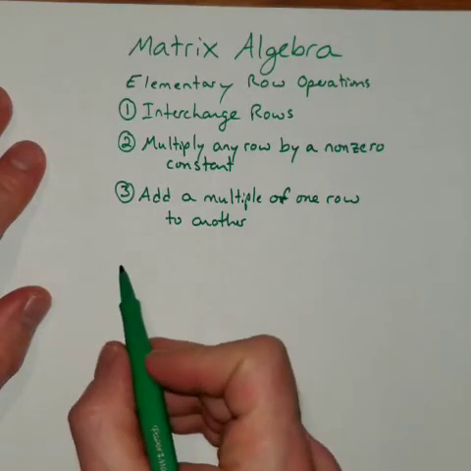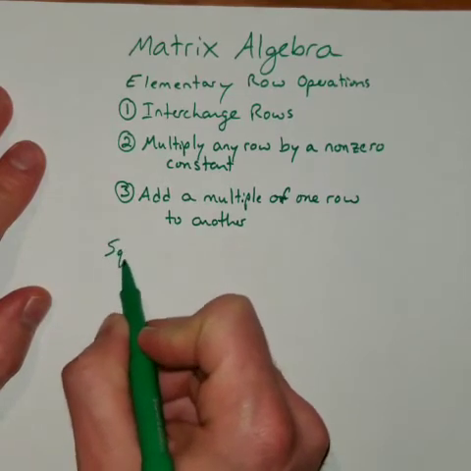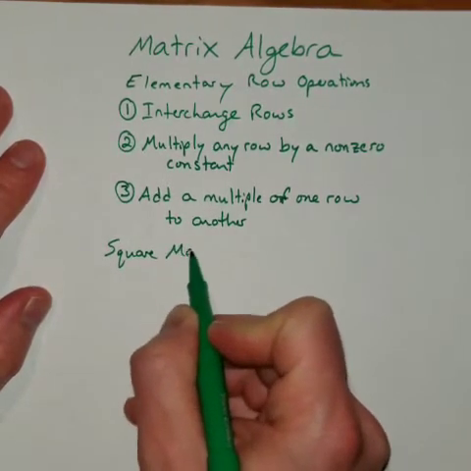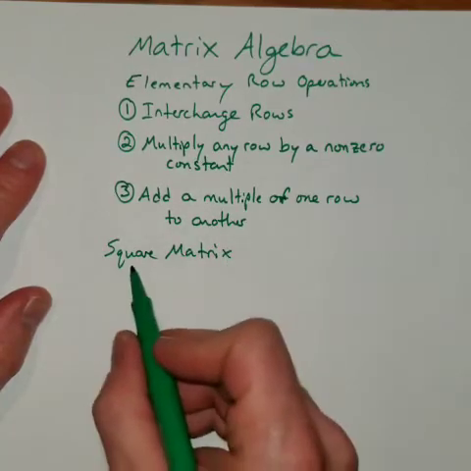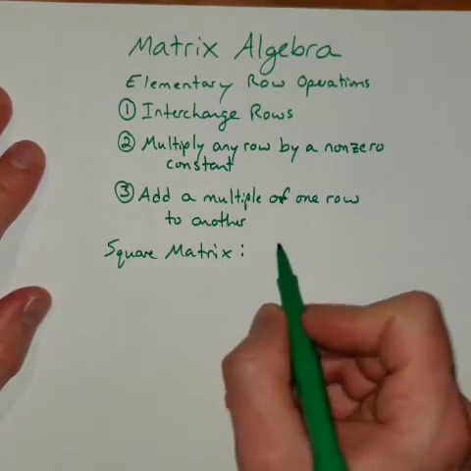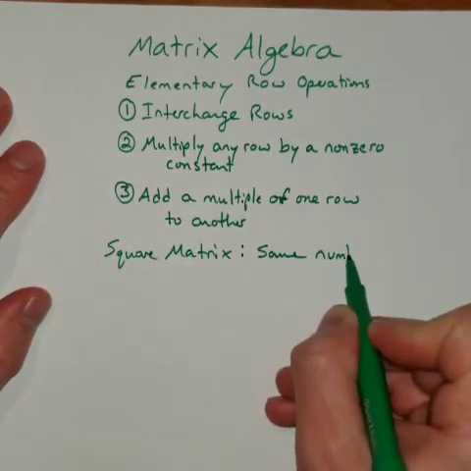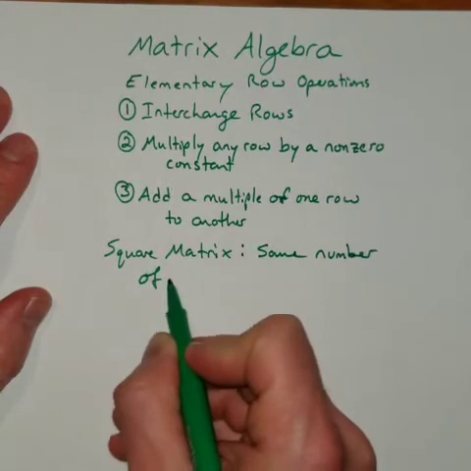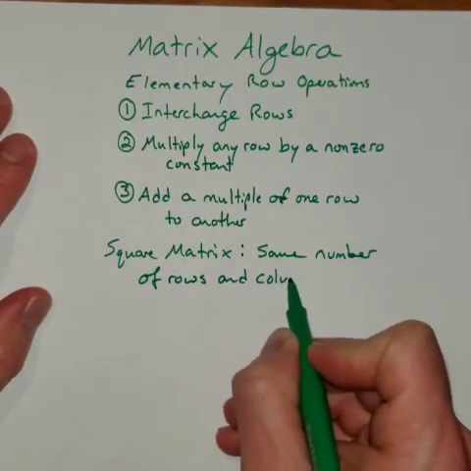Also, just the idea of a square matrix. So these are just a couple of review topics. A square matrix basically by definition has the same number of rows and columns.